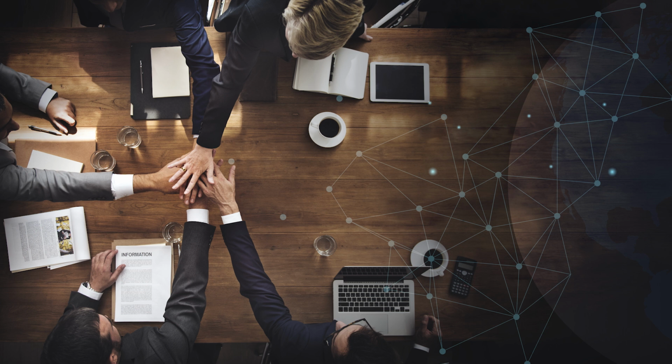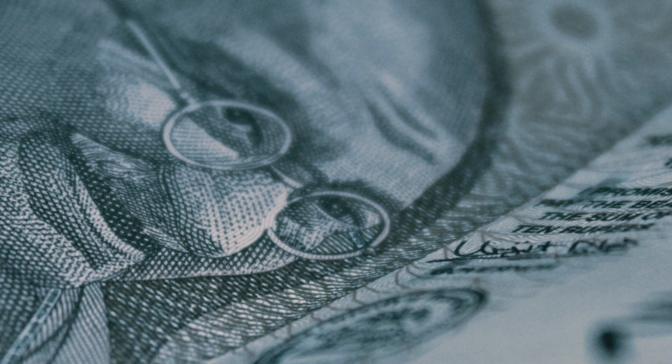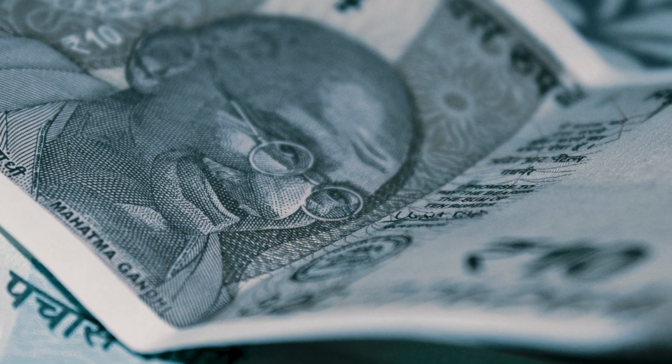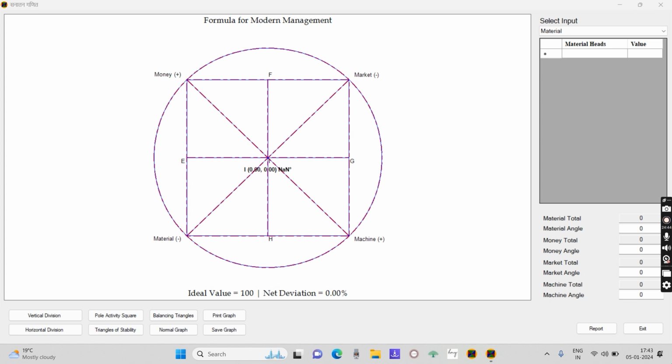One cannot do all the activities himself. He needs a team, financial resources, and all kinds of technical support to make his operations grow and prosper.